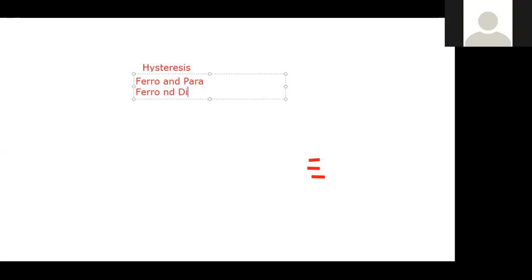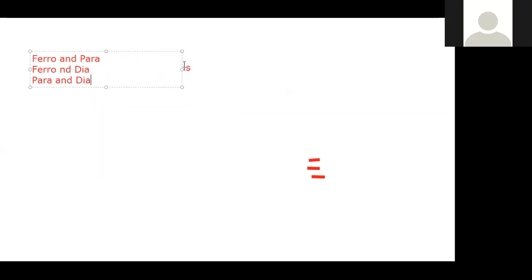When you finish, you come and write para and di. So you go and do this. This is your assignment. Right after the class, you put it on the platform, or you PM and give it to me. I'll go through. So we are going to talk about hysteresis.